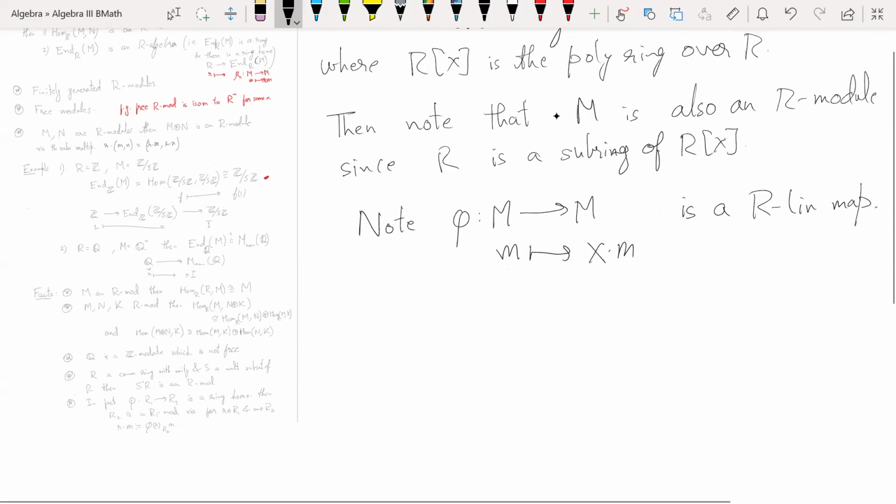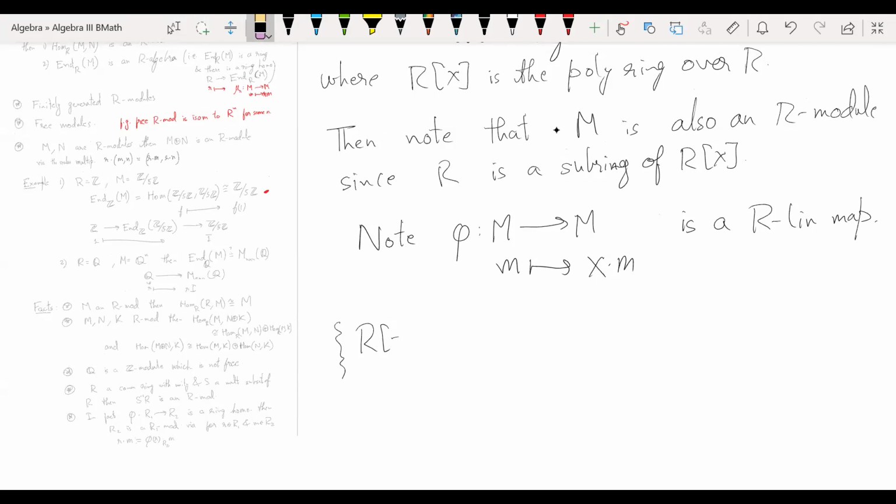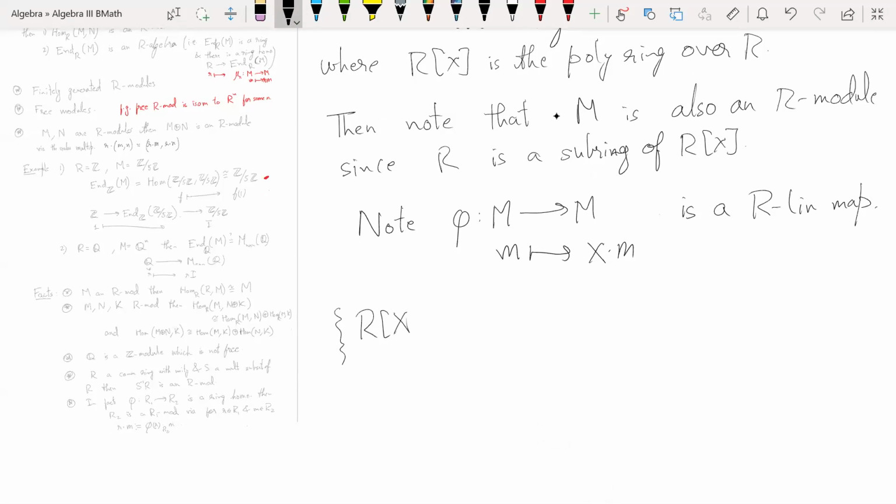So maybe I'll try to do it in a pictorial way. First, let me write down the statement which I want to make.